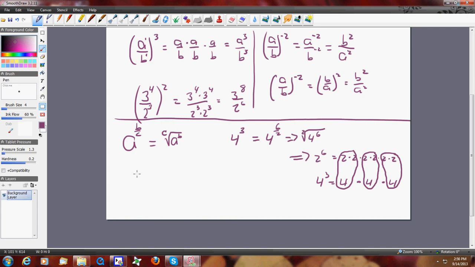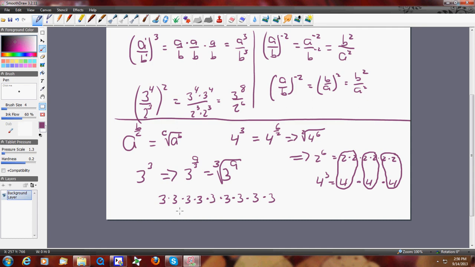I'll say let's take 3 to the 3rd. Well, I'm going to say that's really the same as 3 to the 9 over 3, which would mean the cubed root of 3 to the 9th. Well, 3 to the 9th is going to be some outrageous number. 3 times 3 times 3 times, that's 4, 5, 6, 7, 8, 9.